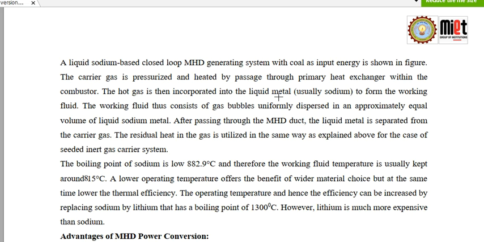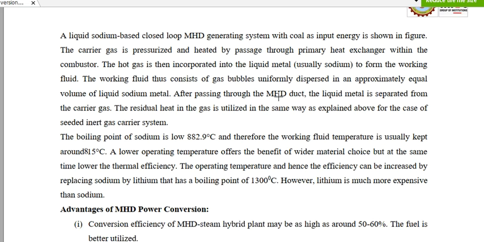After passing through the MHD duct, the liquid metal is separated from the carrier gas. The residual heat in the gas is utilized in the same way as explained above for the seeded inert gas carrier system. The boiling point of sodium is low, around 882.9 degrees Celsius, and therefore the working fluid temperature is usually kept around 15 degrees Celsius to keep the sodium in liquid state.